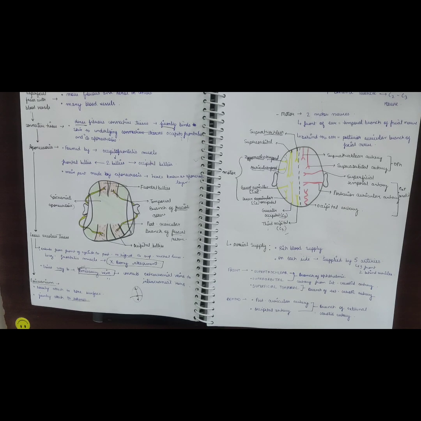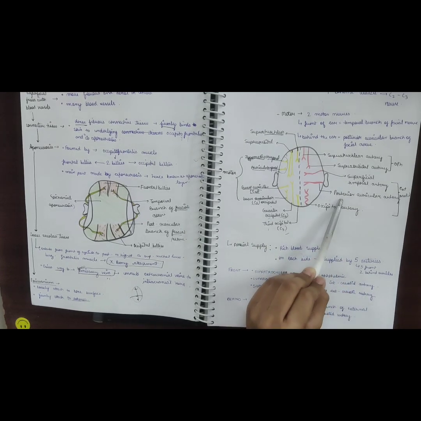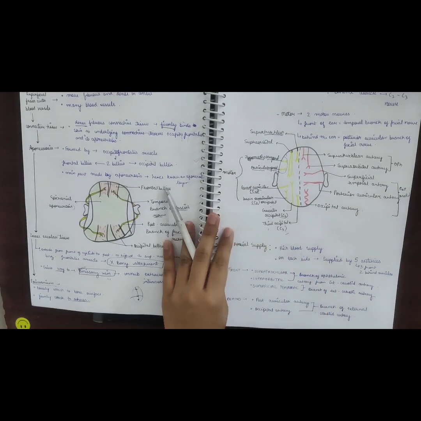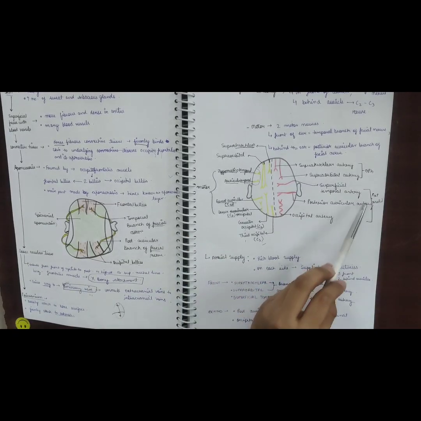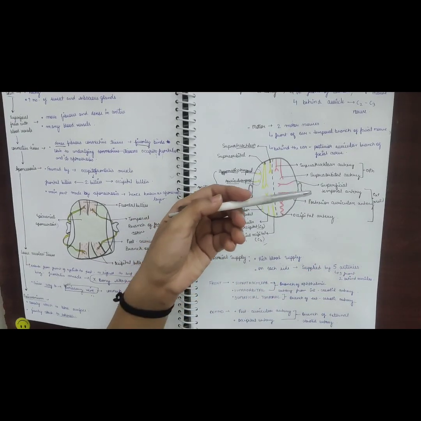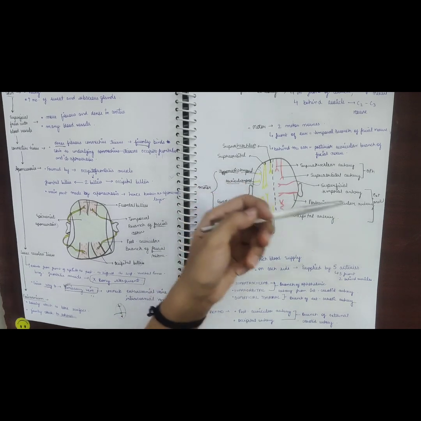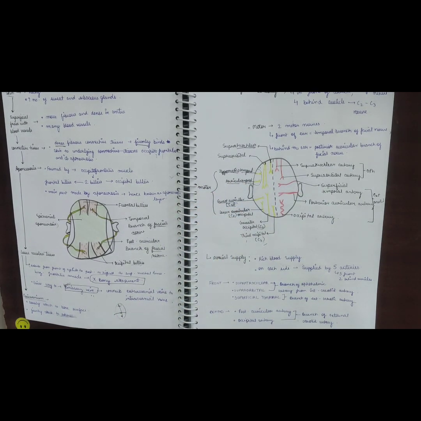Behind the auricle, we have the posterior auricular artery and the occipital artery. The superficial temporal, posterior auricular and occipital arteries are supplied by the external carotid artery, and the supratrochlear and supraorbital arteries are supplied by the ophthalmic artery. So these 2 arteries are supplied by the ophthalmic artery, and the rest, 3 arteries, by the external carotid artery.